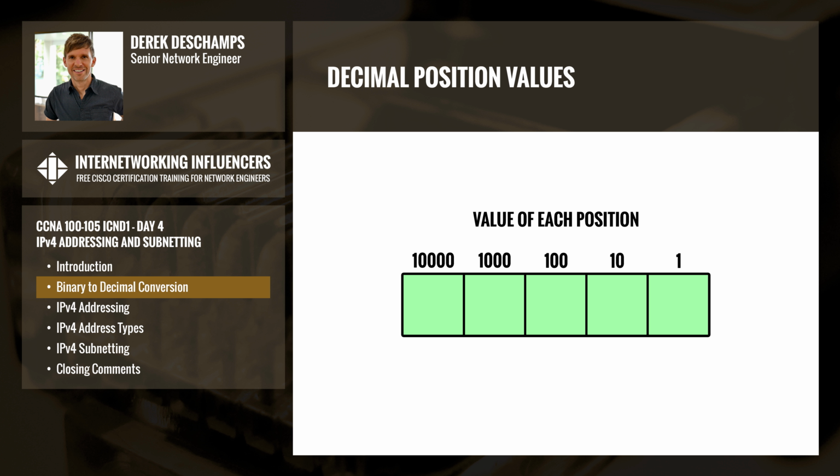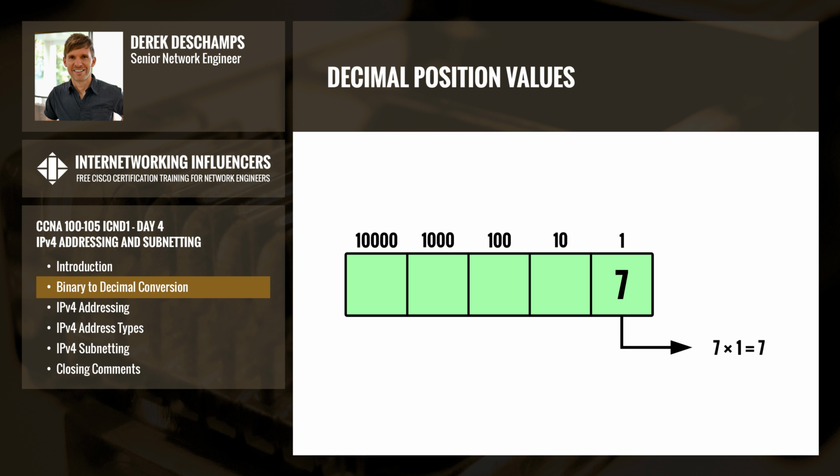The third position has a value of 10 times the previous position, giving it a value of 100. The fourth position has a value of 1000. The fifth position has a value of 10,000, and so on.